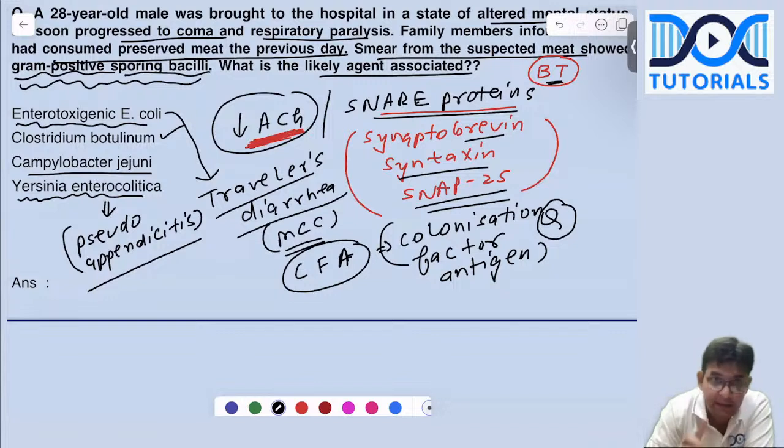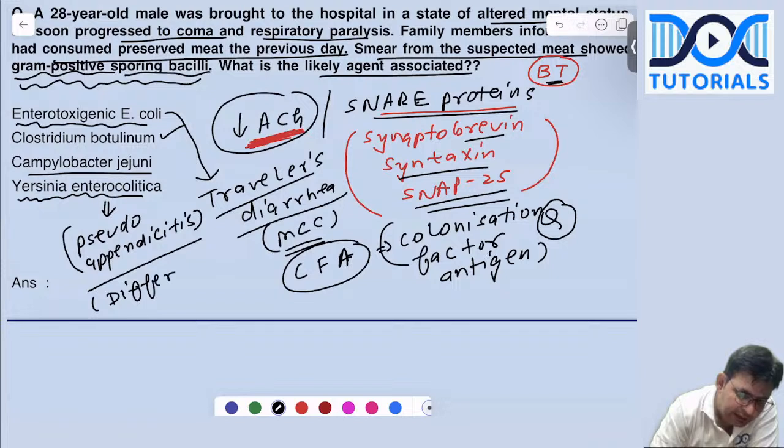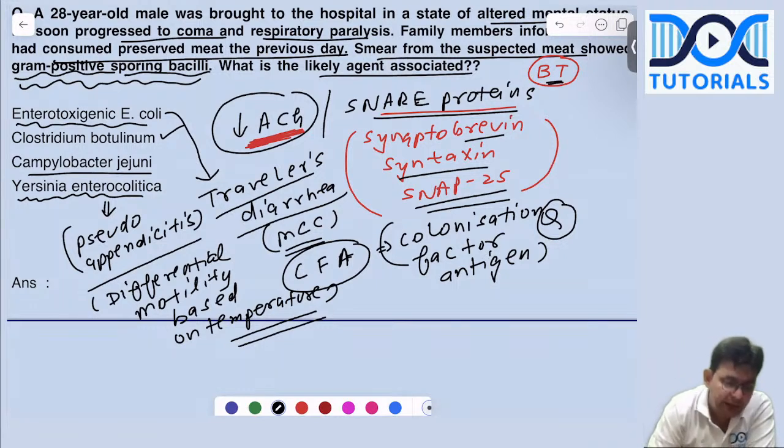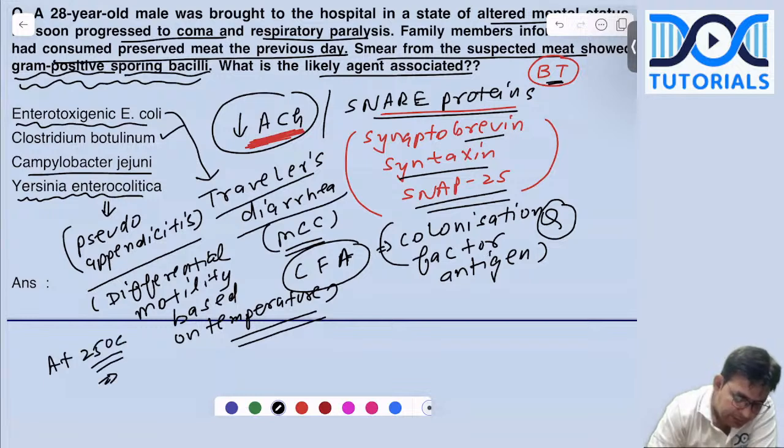Important for the exam, it shows differential motility based on temperature. What is differential motility? At 25 degrees it is motile, and at 37 degrees it is non-motile.